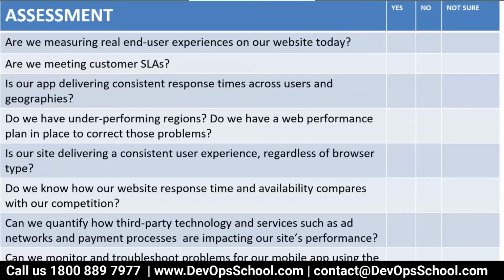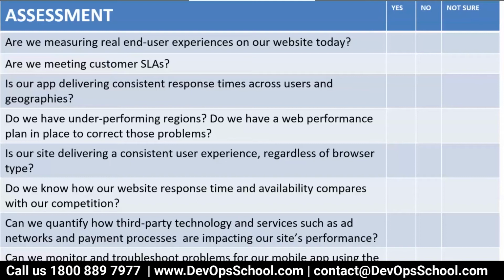Let's say I'm accessing facebook.com from the USA, you are accessing from Europe, someone else is accessing from India. Are we all getting a consistent response time from Facebook or Amazon or whatever it is? Do you have those details? Do we have any underperforming regions? Let's say there is one region from where the website is very slow when you access it. Do you know which are the underperforming regions?